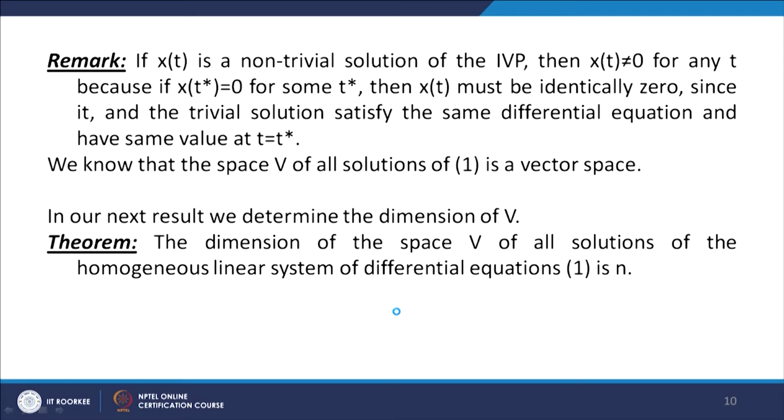This theorem tells us that the dimension of the space B of all solutions of the homogeneous linear system of differential equations (1) is n. So, if we can find n linearly independent solutions of the homogeneous linear system x dot equal to Ax, then we can write the general solution. The general solution will be a linear combination of those n linearly independent solutions. So, this theorem is very important.